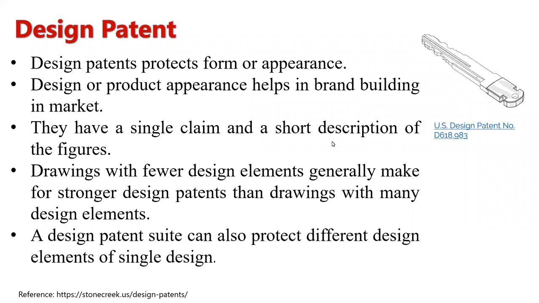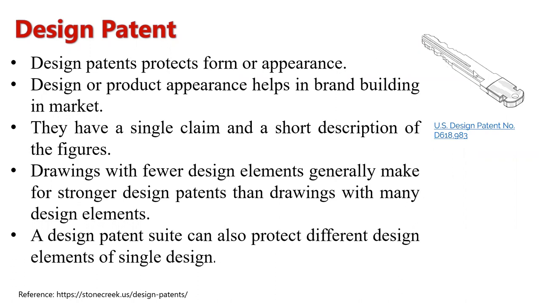Like I'm showing one example here. This is a key. In this key appearance, you see it has two parts. This is the head of the key, and this is the body of the key. If I'm trying to file, this part I cannot file, because this is the functional part.